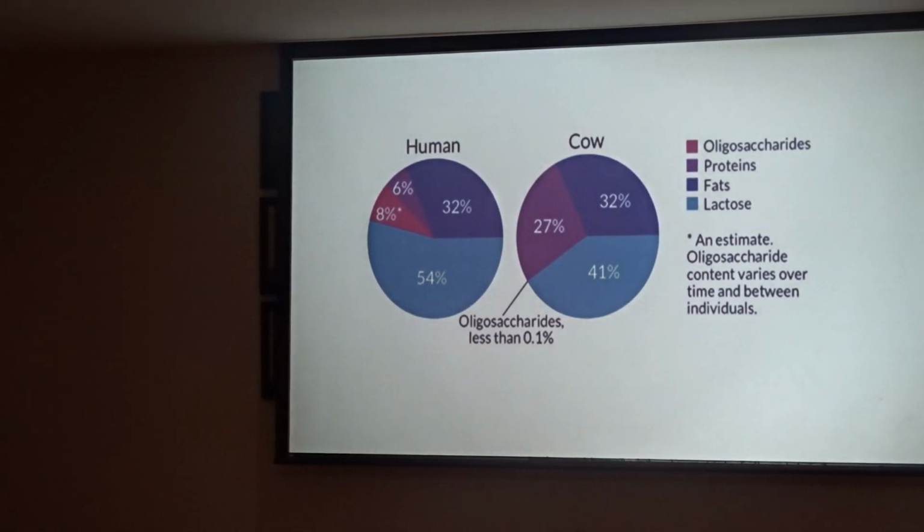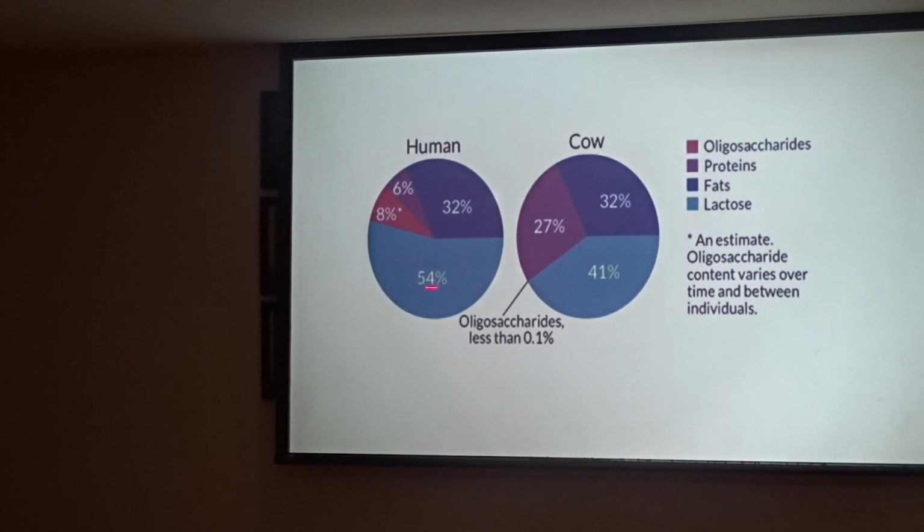Now, grossly, when we look at the composition of breast milk and cow's milk, we can find that the third component of human milk is the human milk oligosaccharides, while in cow's milk it's a negligible amount.